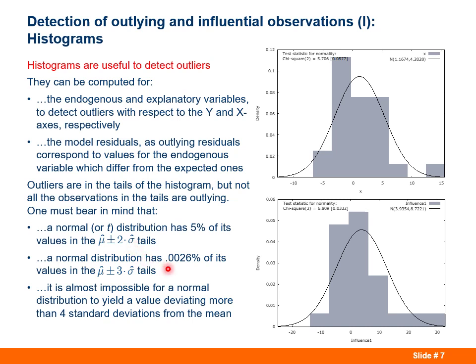It is very difficult, but not so rare at the end of the day, to observe values beyond the mean plus minus 3 sigmas, and it is close to impossible for a normal distribution to yield a value deviating more than 4 standard deviations from the mean. So this is a criterion to classify an observation as outlying.